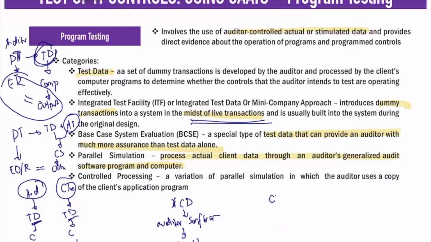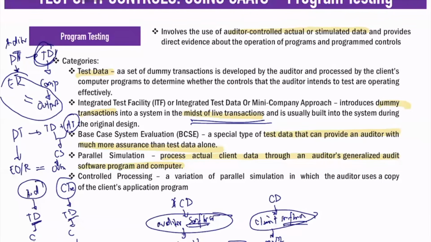Now, you also enter the client data in the client software and there will be a result. What is tested here is that you compare the result from the auditor software and the client software, and the results should be the same. That is your parallel simulation. So in a parallel simulation, there is an auditor software, based on which there's a result, and you compare it to the result using the client's software.